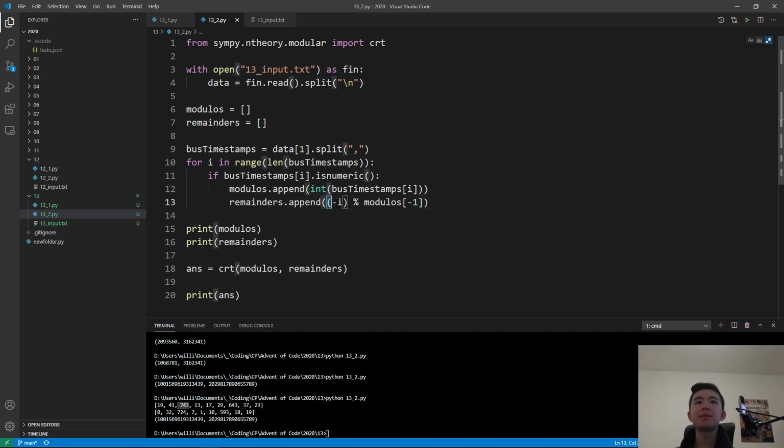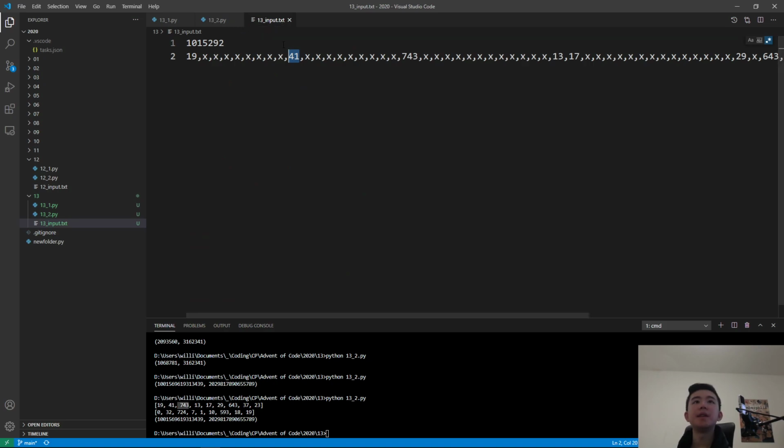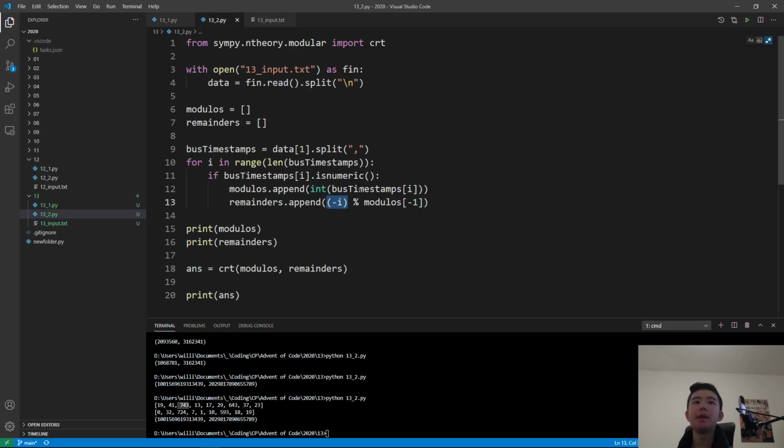You should be familiar with modulos if you do this programming thing a lot, because it's a percentage operator in most languages, I would think. So negative 10 mod 41 actually goes to 31, because if something is 10 before a multiple of 41, it's also 31 after a multiple of 41 if you just go backwards.